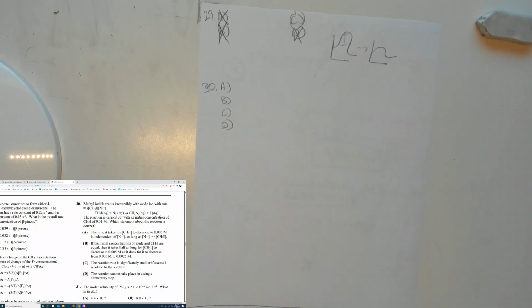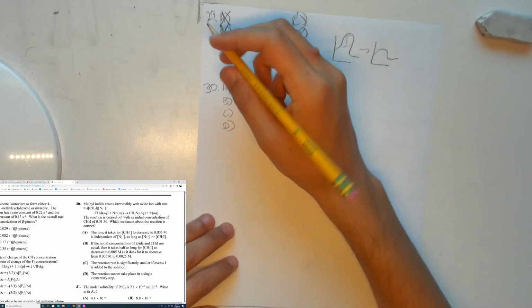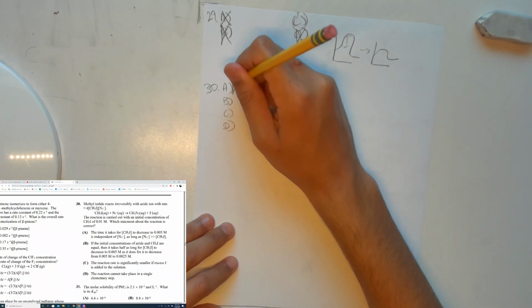No. If N3- increases, the rate must increase, no matter what the concentration is. If there's a higher concentration of a substance, the rate will go faster. So A is wrong.